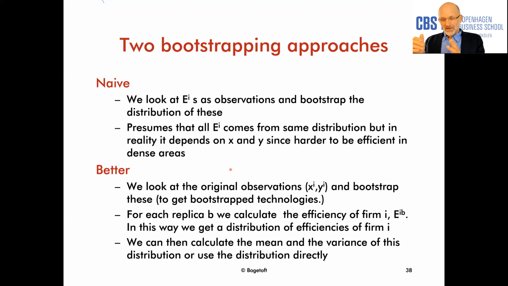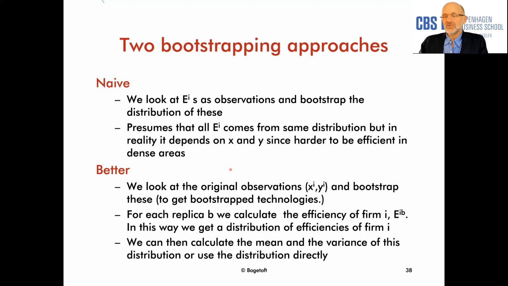And then you do that repeatedly. In this way, you get an idea about how the technology and the technological frontier is shifting back and forth. And therefore, you get an idea about how precisely we know the location of the frontier in different parts of production space. And you get an idea about the bias towards the true frontier. And I'll show you that in detail.